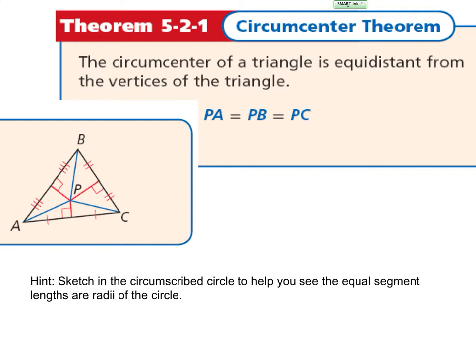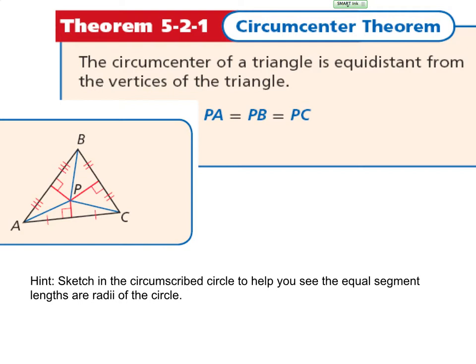Why is that? Well, it's really a perpendicular bisector theorem 3 times. If P is a point on every perpendicular bisector, it's equidistant from the ends of the segments. So it's the same distance to the end of every side, no matter which direction you're looking at it.